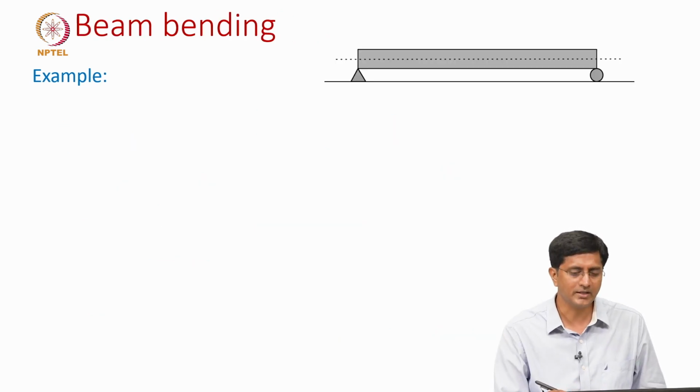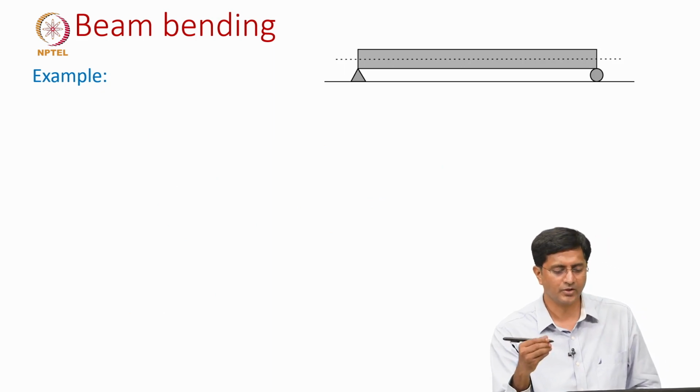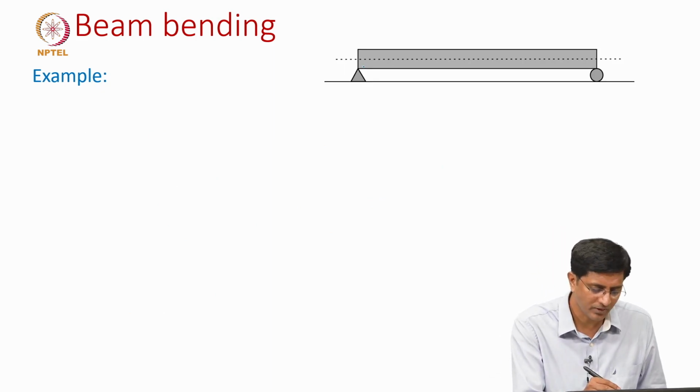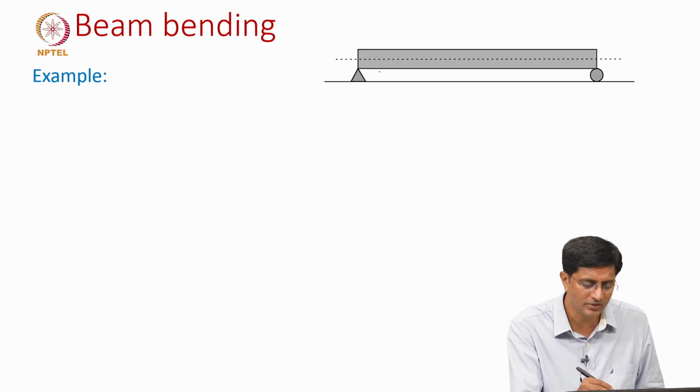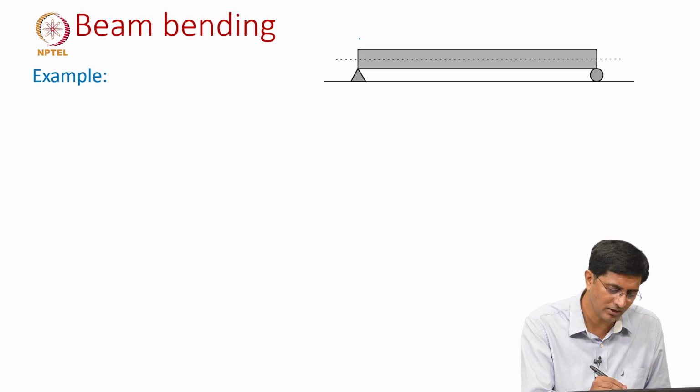Now let us look at another example where we have loadings occurring on the beam. So let us see. So here we see a beam which is supported at both ends, and let us take the loading as UDL, uniformly distributed load.